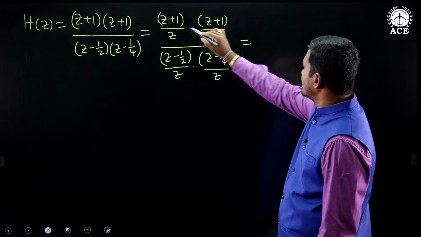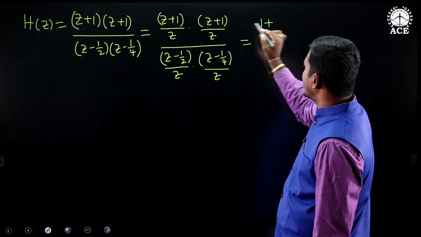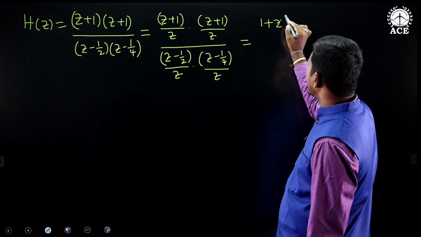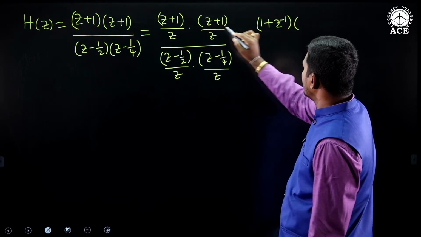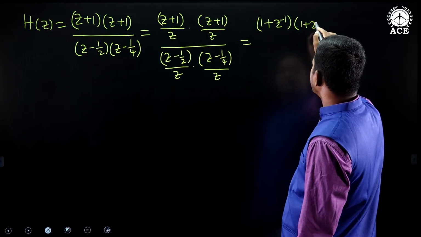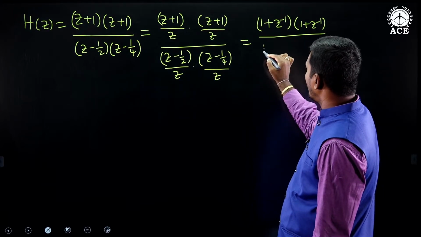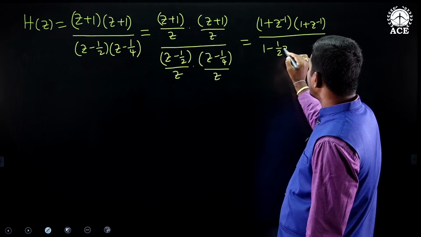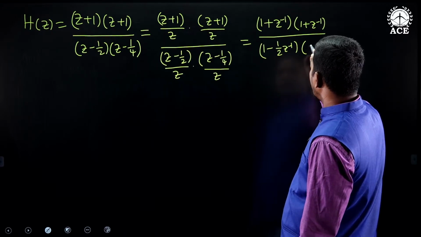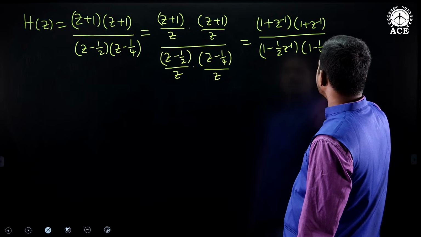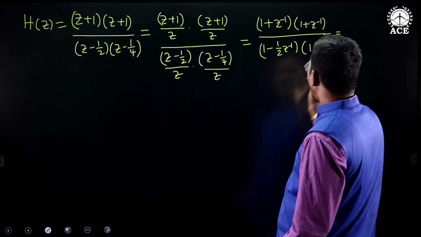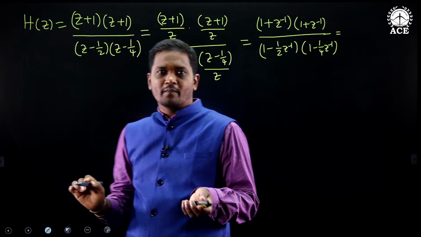This is equal to z by z, 1 plus 1 by z, z inverse, into same 1 plus z inverse, whole divided by z by z, 1 minus 1 by 2 z inverse into 1 minus 1 by 4 z inverse. Yes, I have converted into first order polynomials.